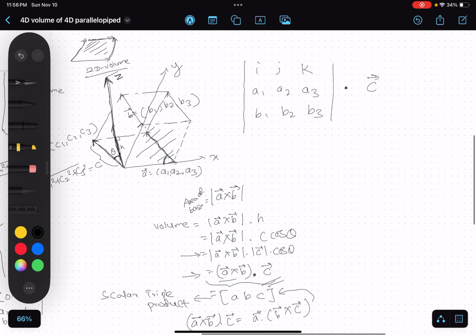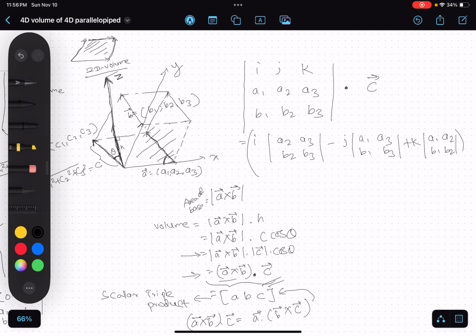And then this determinant will give us this A cross B vector, and we dot it with C vector, right? So now if I evaluate this, first of all, the determinant for cross product will just be i times determinant of A2 A3 B2 B3 minus j times determinant of a1 a3 b1 b3 plus k times determinant of a1 a2 b1 b2, right?